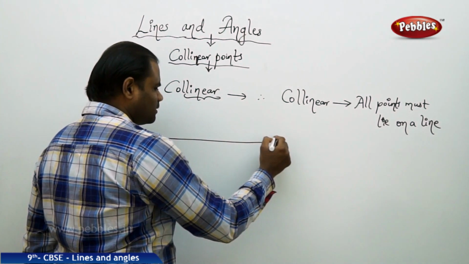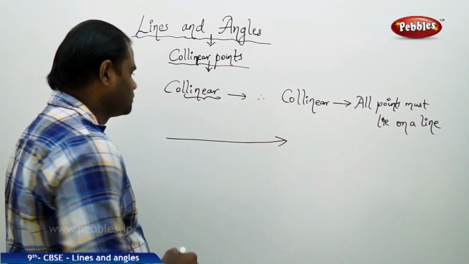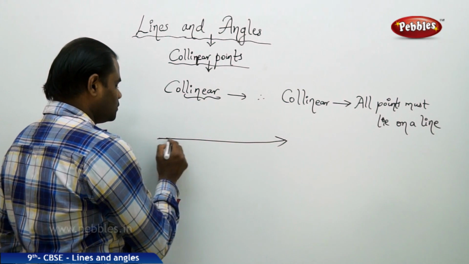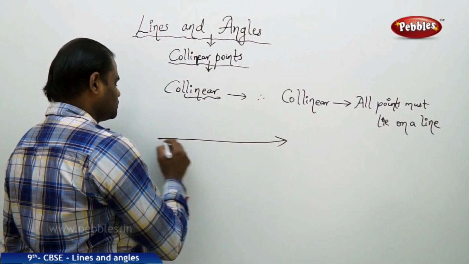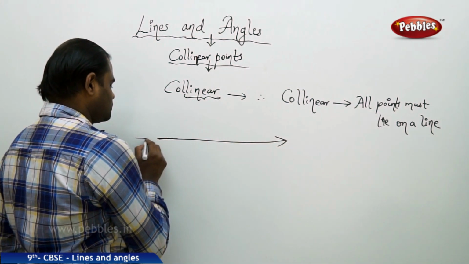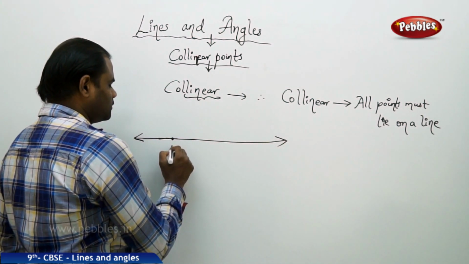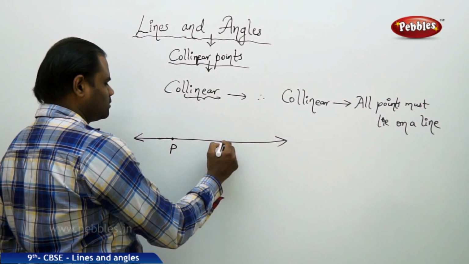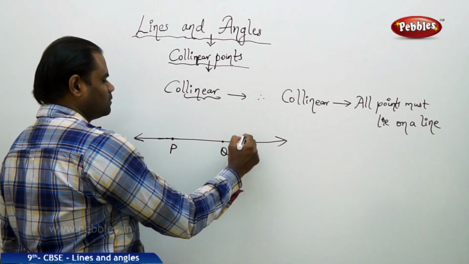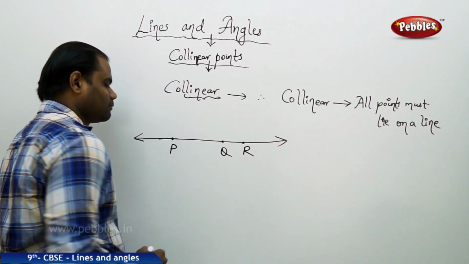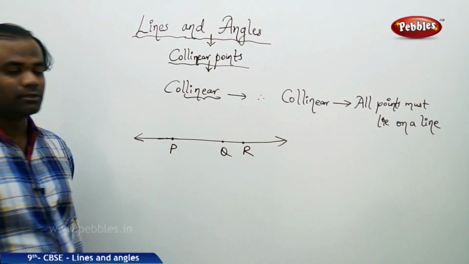Say for example, I have a line, or this is a ray in which I have 3 points P, Q and R. Let's see if they are collinear.